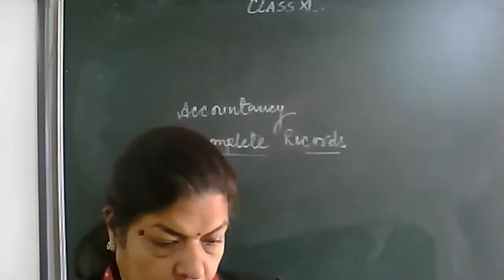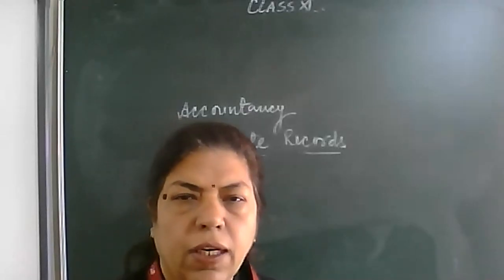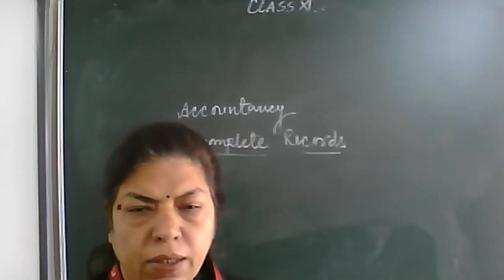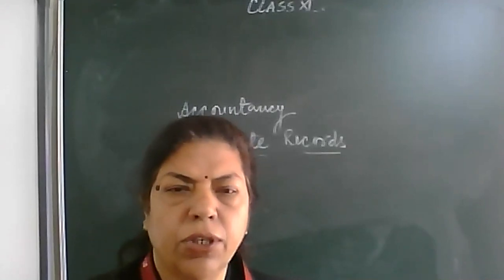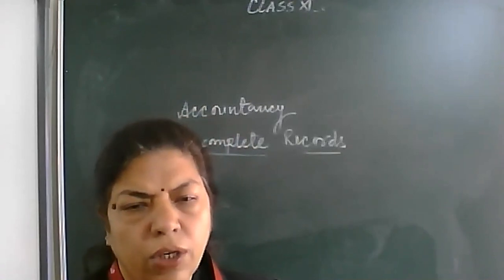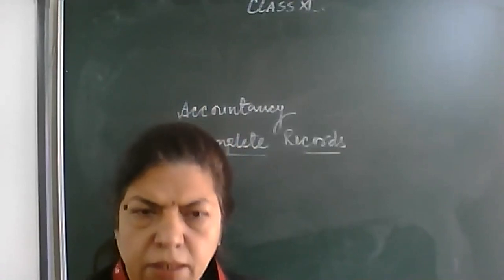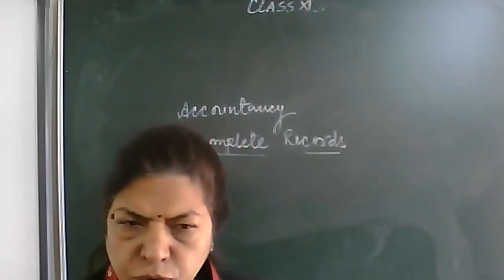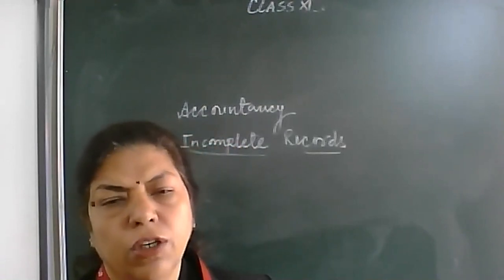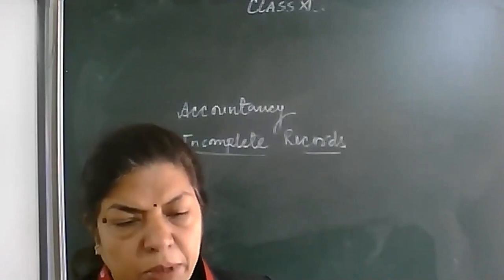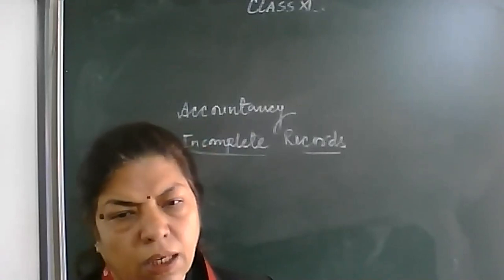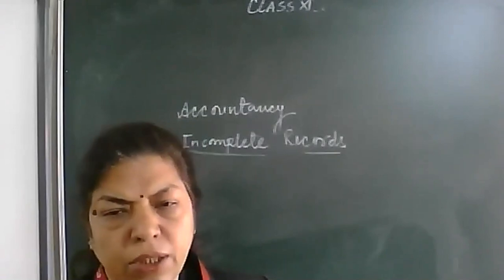In class 11th accountancy, we are on the topic of incomplete records, and in the incomplete records chapter, I already completed and gave you the notes on meaning, features, limitations, and why to use incomplete records.